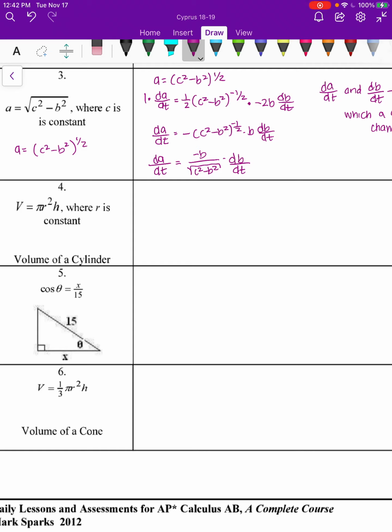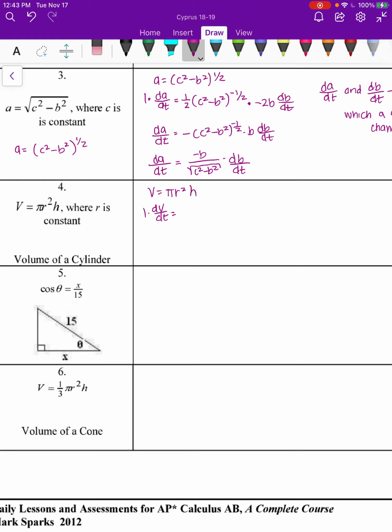Moving along, still we have now number 4, V equals pi r squared h, where r is a constant. This is the volume of a cylinder. So V equals pi r squared h. Take the derivative of both sides. The derivative of V is 1 times the dV dt. And now pi r squared is acting as a coefficient for h.